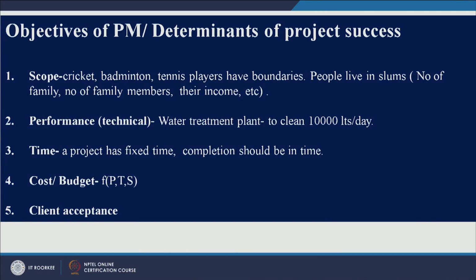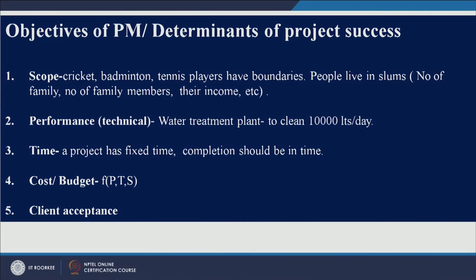As I said, performance can be of different types. You can have technical performance, marketing performance, financial performance and so on. Of course, time is an important criterion, so you need to complete the project in time.